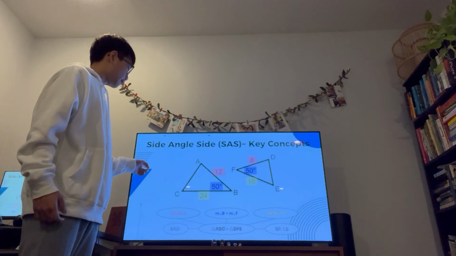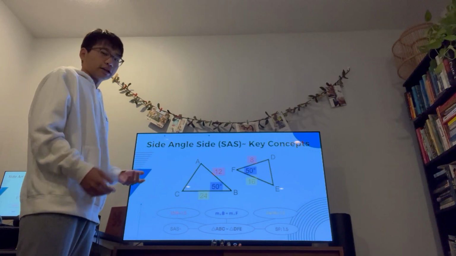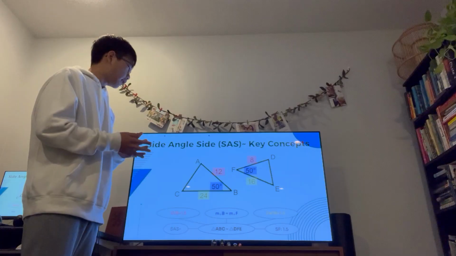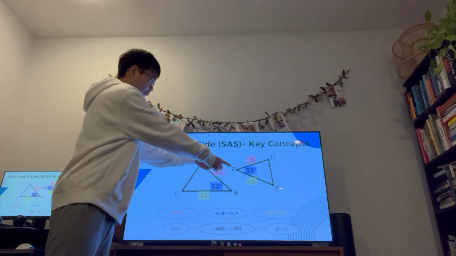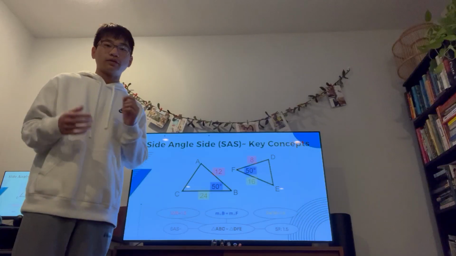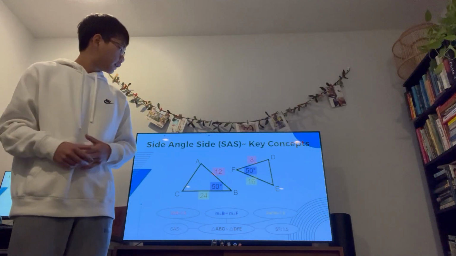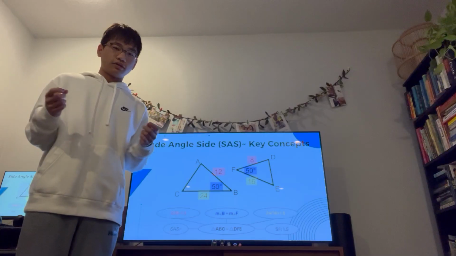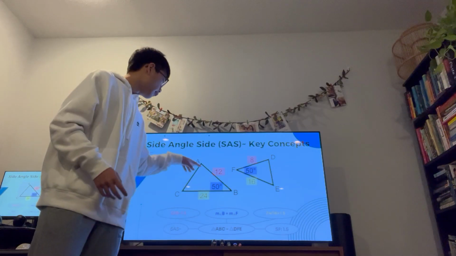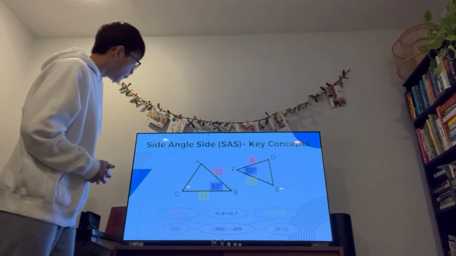They're both overlapping, and we can figure out which sides correspond to each other by looking at the length of the sides. So these two sides are the longest, so 24 would correspond to 16, and 12 corresponds to 8 because those two are in the middle in terms of length.